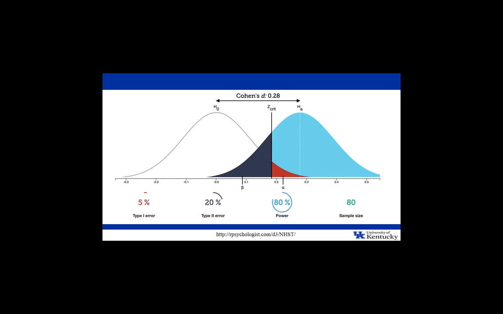So don't answer yet. I want everybody to think about this. What's the chance of seeing something bigger than this value under the null hypothesis? Oh, I'm sorry, under the alternative. Oh, actually, under the null hypothesis.